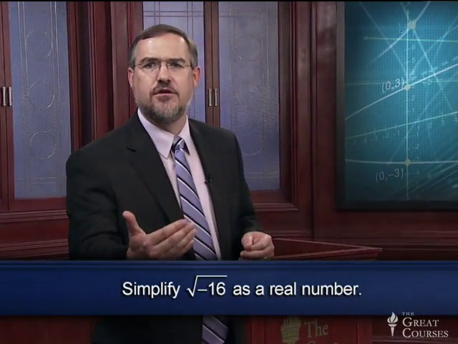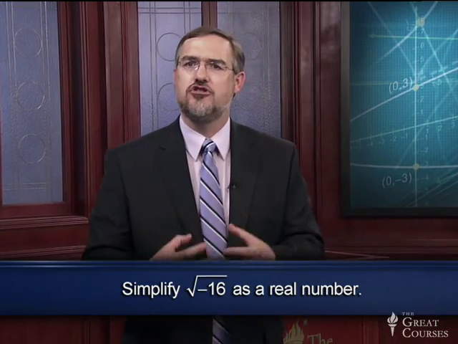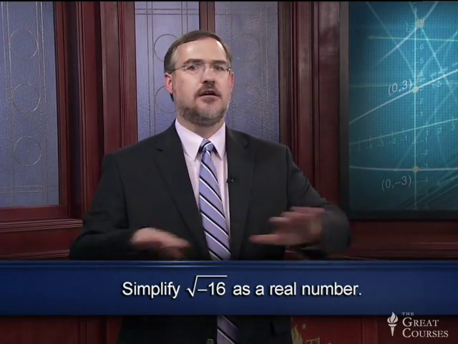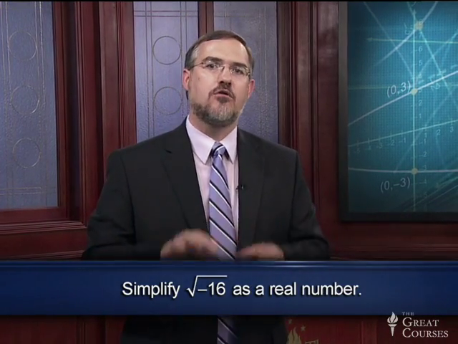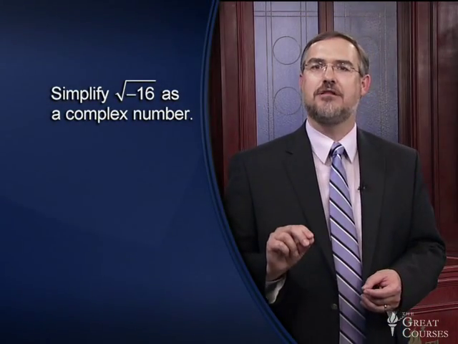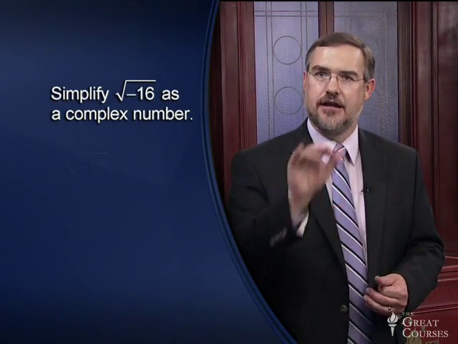If you know what set you're working in, let's say the complex numbers versus the real numbers, if someone walks up to you and says, hey, what's the square root of negative 16? If they want you to give them a real number, you have to say, doesn't exist. But if they're okay with you making it into a complex number, then you can do that. And here's how you would.